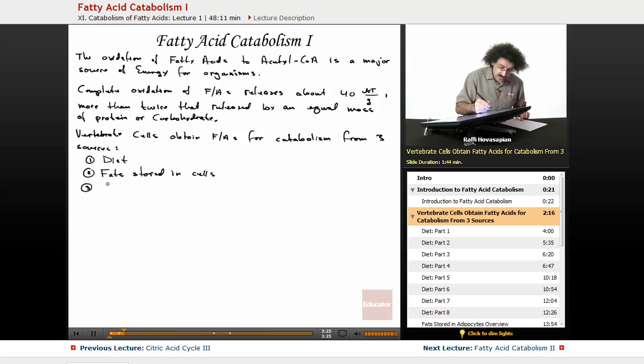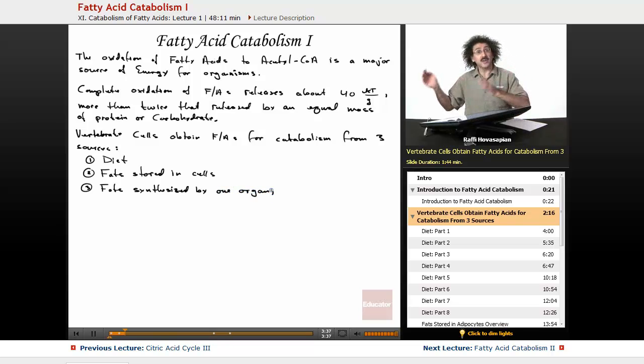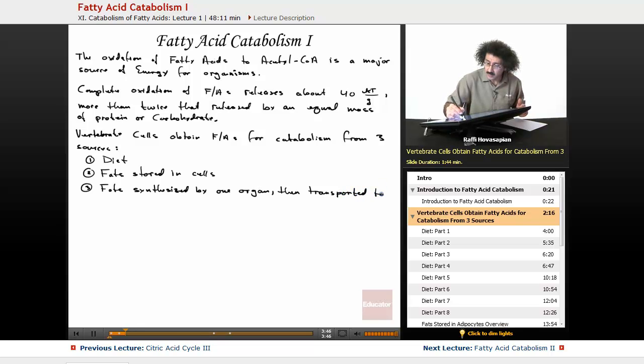And the third way is the fats that are synthesized by one organ, then transported to the tissues that need them.